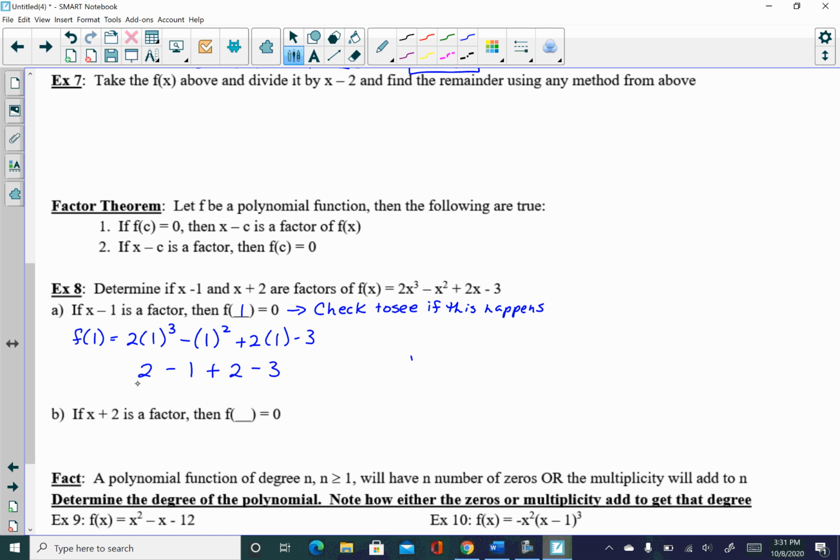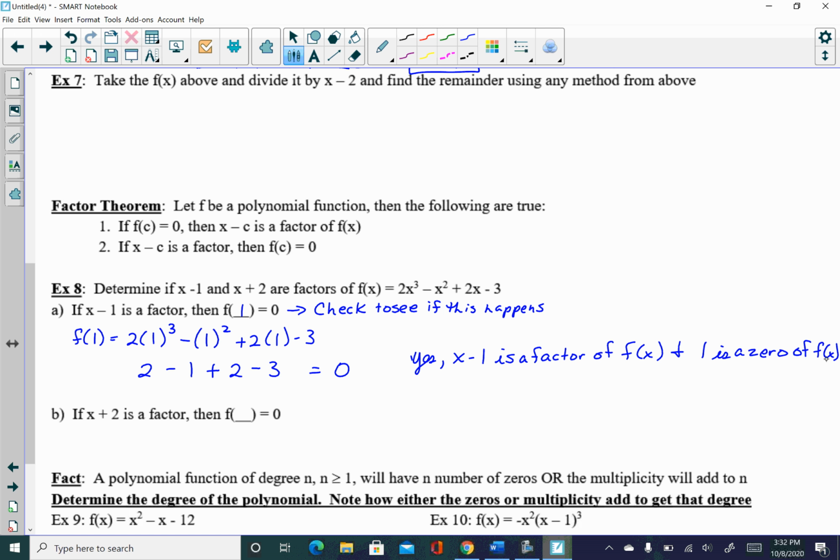And then sure enough, if you add these four numbers together, you're going to land at 0. So what that means here then is that, yes, x minus 1 is a factor of f of x, and 1 is a 0 of f of x.